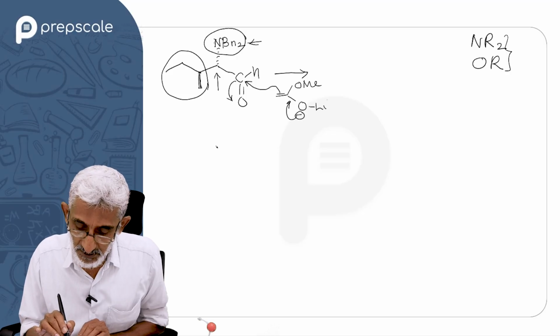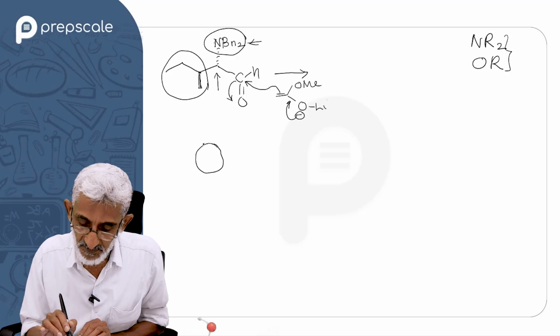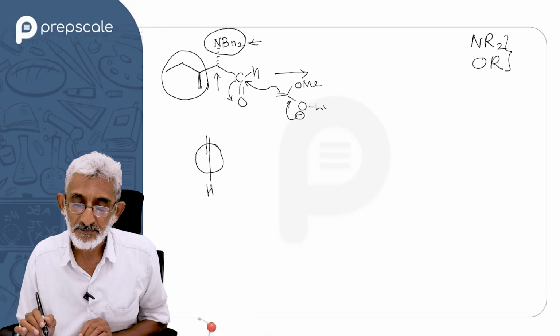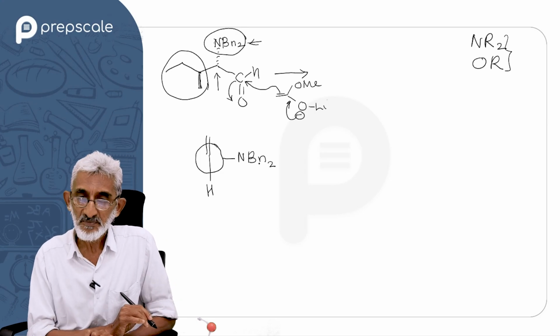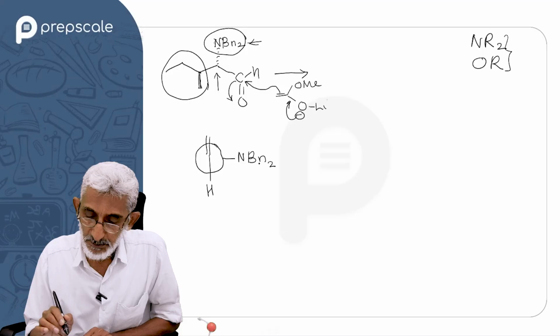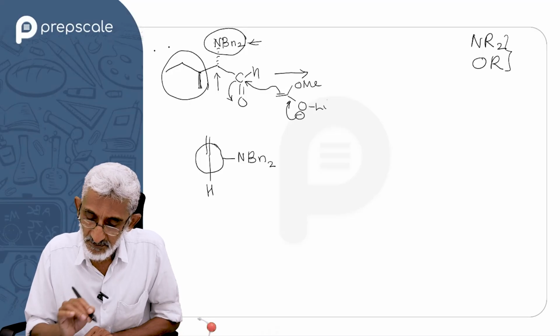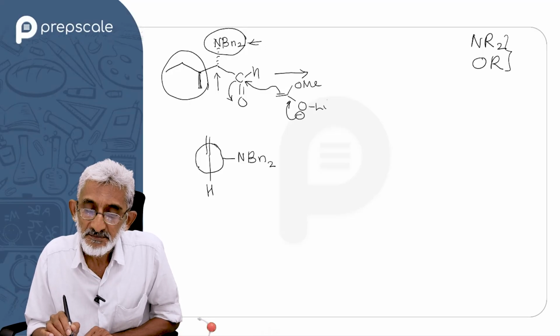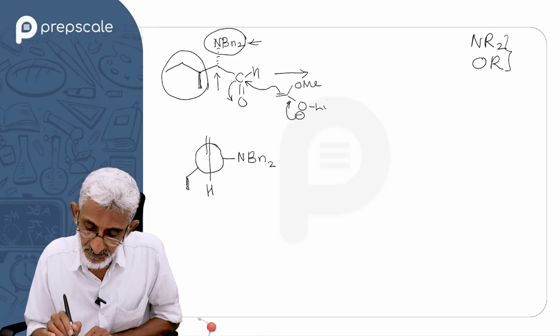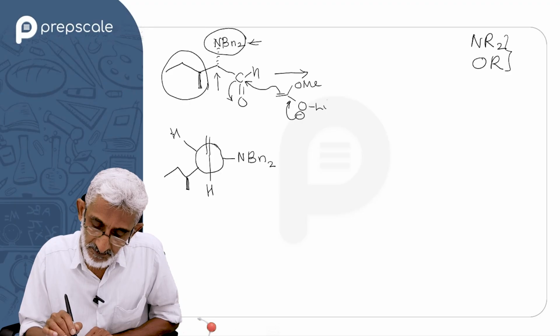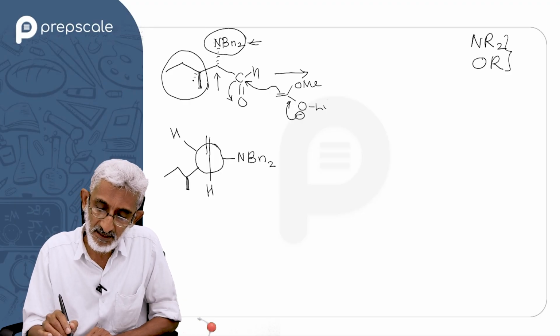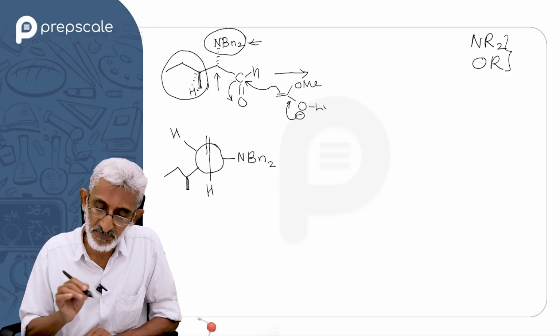Okay, so we are drawing again. We have the hydrogen here. N, this is considered to be the largest group. Then this group will be here, and H is here. This is H, this is methyl.